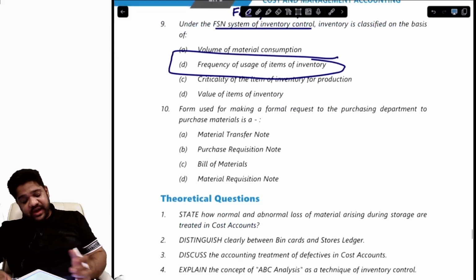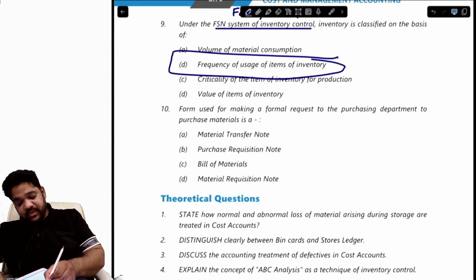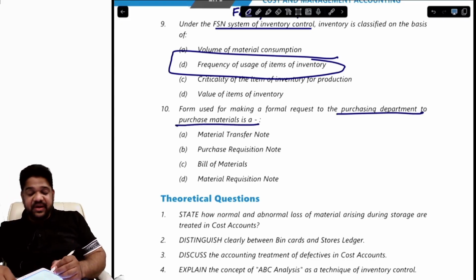And the last one: the form used for making a formal request to the purchasing department to purchase materials is a material transfer note, purchase requisition note, bill of materials, or material requisition note. Now, what is the form asking for? It is for the purchasing department to purchase materials.